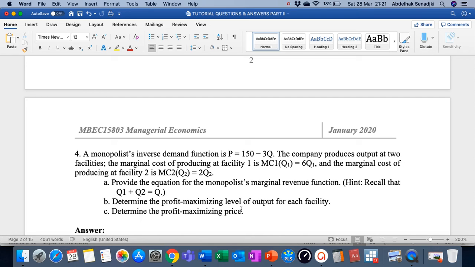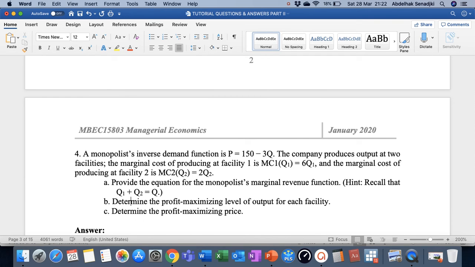First, provide the equation for the monopolist's marginal revenue function. Remember that Q1 plus Q2 equal to Q. Second, determine the profit maximizing level of output for each facility and determine the profit maximizing price.